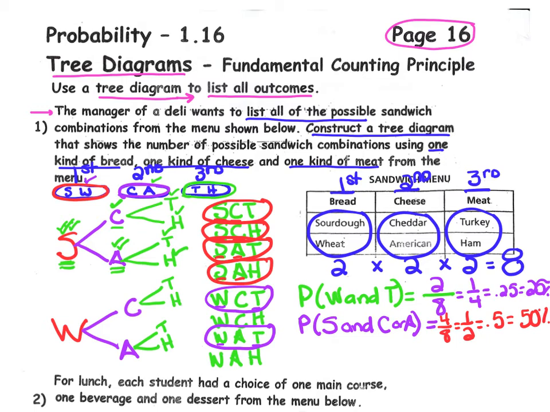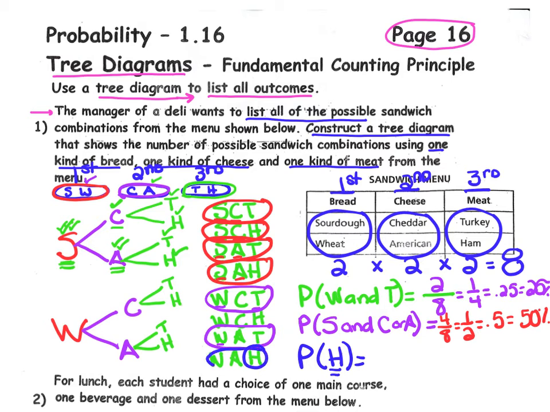Let's do one last problem. What's the probability when you're randomly selecting sandwiches that when you reach your hand into the hat and pull out a piece of paper that you will have ham on your sandwich? Well, let's look at all the combos.